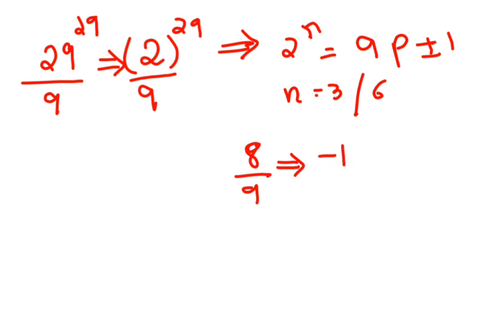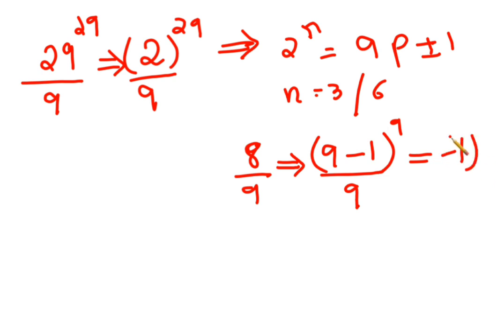Because 8 can be written as 9 minus 1 divided by 9, and still everything was raised to, in this case, 9. So here the remainder is minus 1 raised to, again, an odd power. So any negative number when raised to an odd power, the answer will be minus 1. So that is the entire strategy.